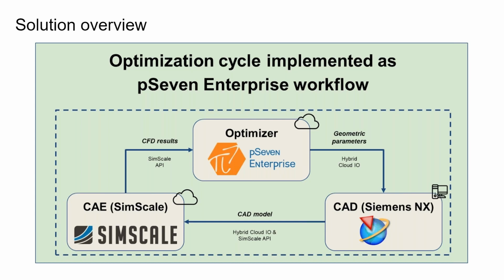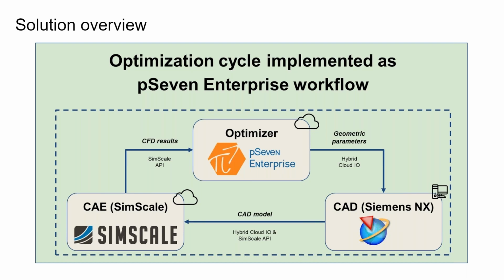SimScale was used here as a full cloud-based CFD solver. The optimizer by Datadvance was used and executed in the cloud too. And Siemens NX was used as a CAD tool, which was executed on the local workstation, connected and managed by pSeven Enterprise. So the combination of local and cloud-based parts is presented in this workflow.